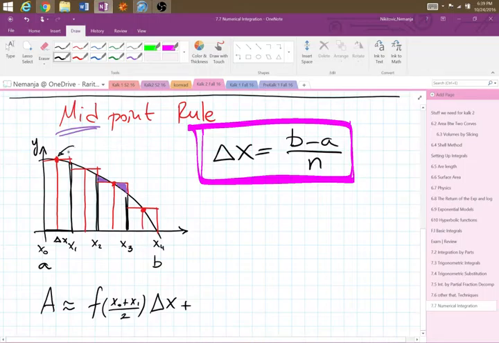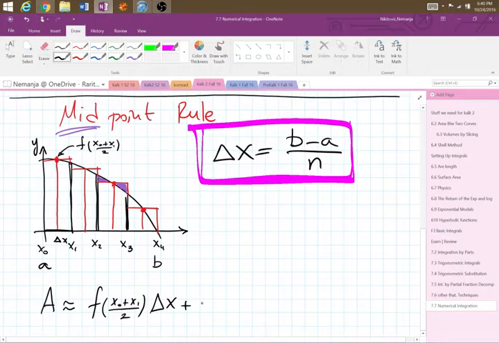This point here is f of (x0 plus x1) over 2. What I have done here is I averaged x0 and x1, so add and divide by 2 to get the value in the middle of that interval. And I'm computing the function value at that point times delta x. So I have the height, and then times delta x, the width, and I have the area for the first rectangle.